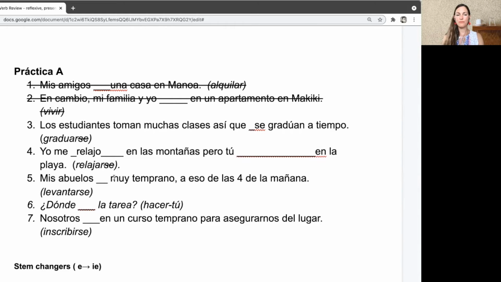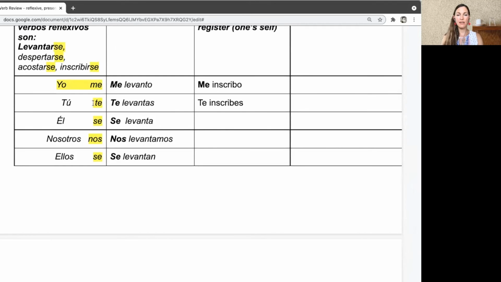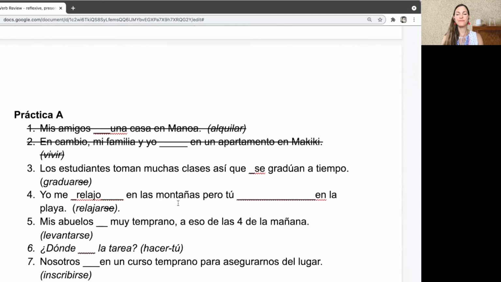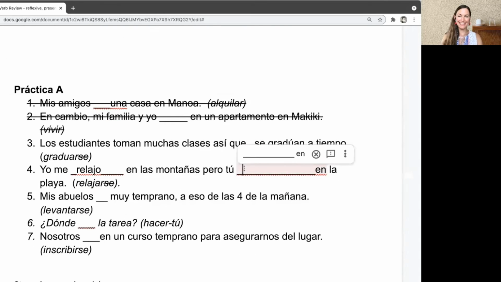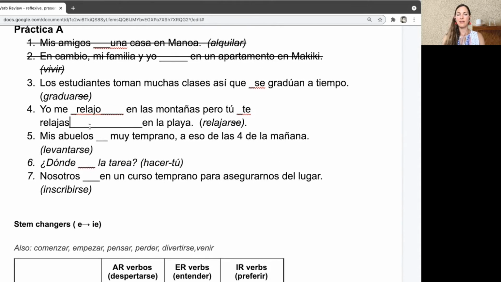Pero tú, we want it for both. So we took off the se. What's the reflexive pronoun for tú? If you forget, look up here. Te. It's exciting, huh? Okay. Tú te relajas. What's our ending for the AR verb for tú? As. You yourself relax. Okay.